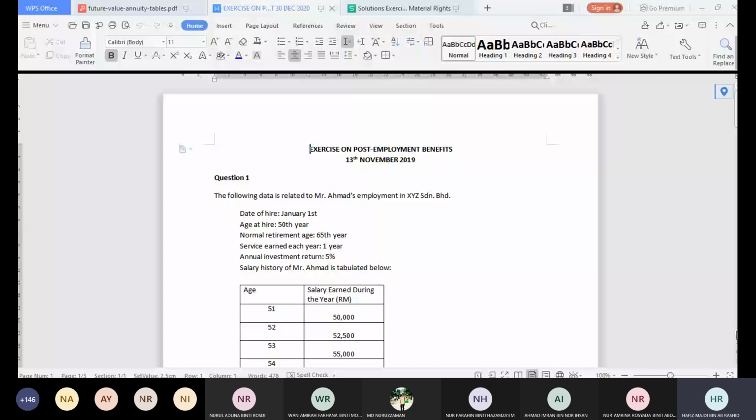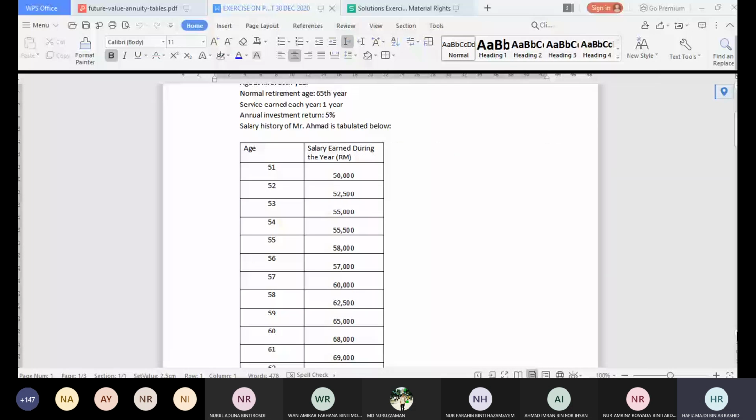Let's just assume the next is a table, for the next 15 years. This is the data about Mr. Ahmad's annual salary for the next 15 years. It started from 51.